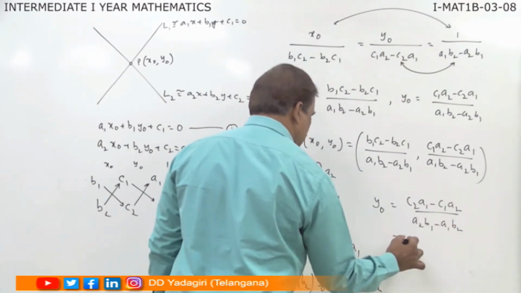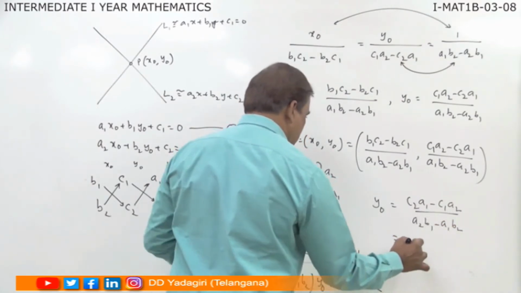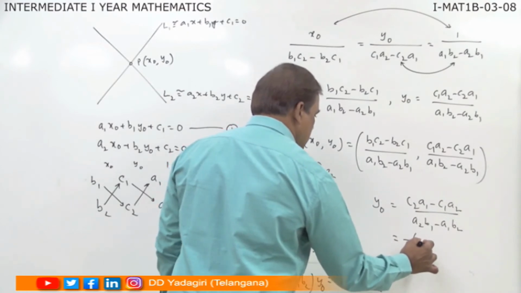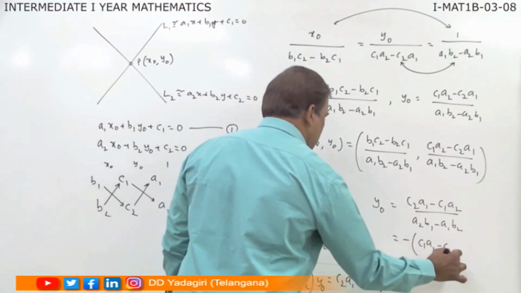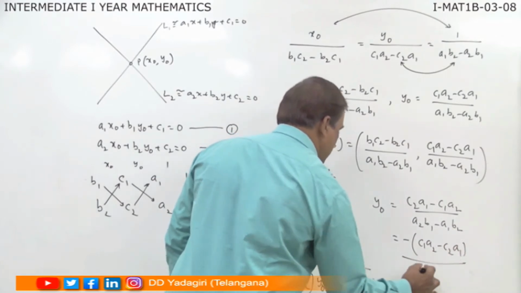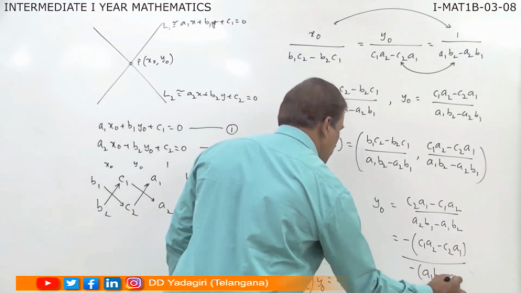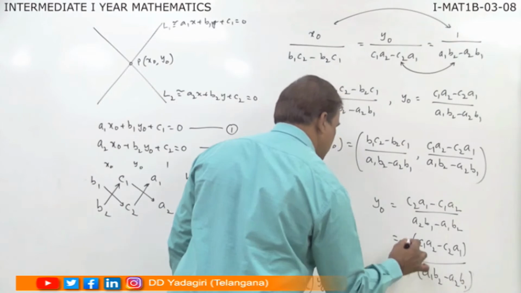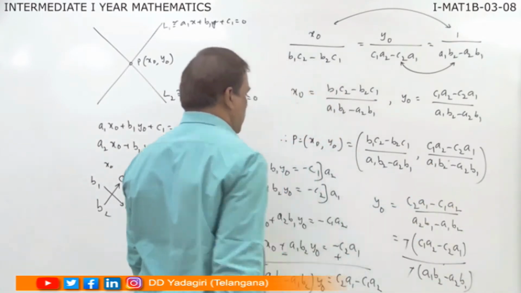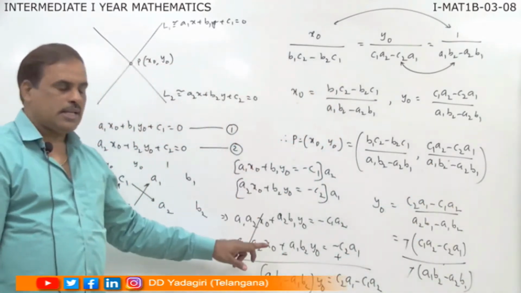Taking minus common on the numerator and denominator, this becomes c1 a2 minus c2 a1 by minus of a1 b2 minus a2 b1. So minus minus get cancelled. This is the same as what we got. Okay. This is the method you used in 10th class.